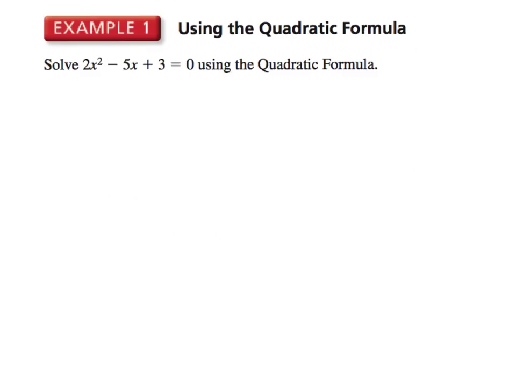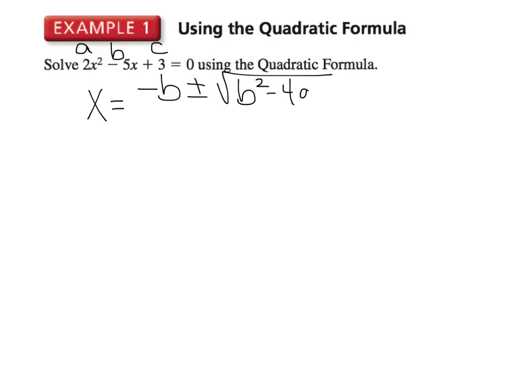So example 1, quadratic formula. The only real thing that's going to be difficult is putting everything in standard form, equal to 0. So, we have everything here. A is 2, B is negative 5, and C is 3. So all we do is take our formula, negative b plus or minus the square root of b squared minus 4ac, divided by 2a, and plug everything in.